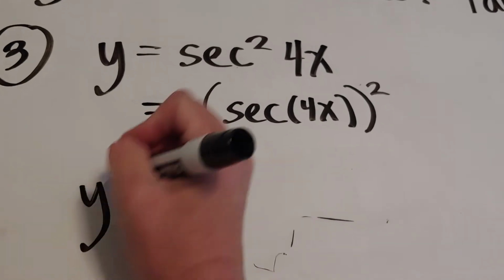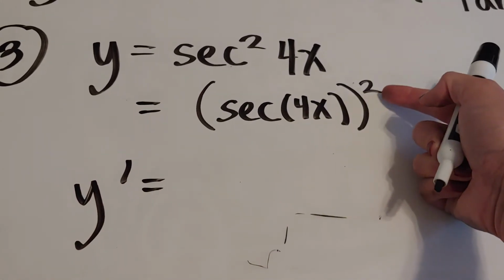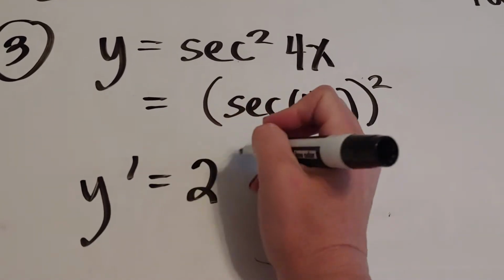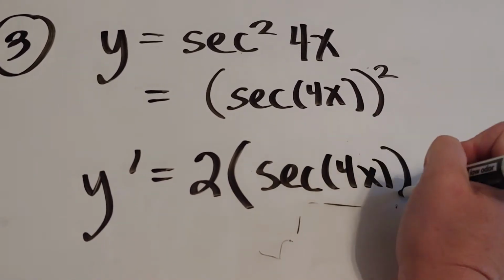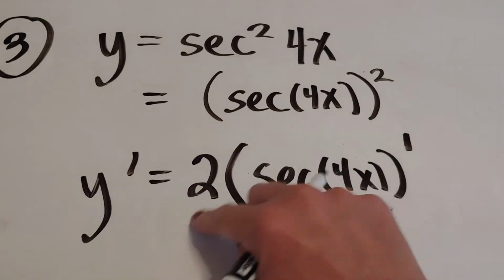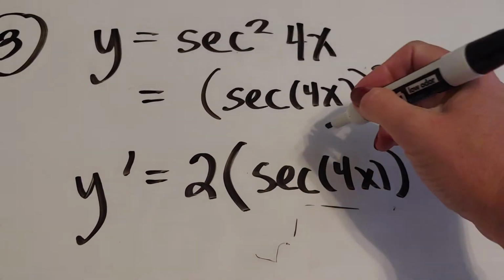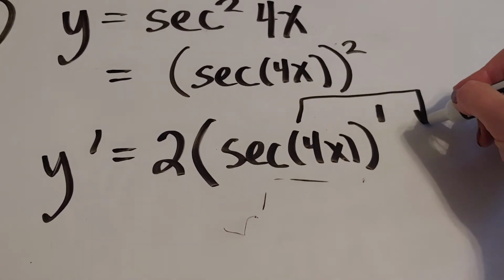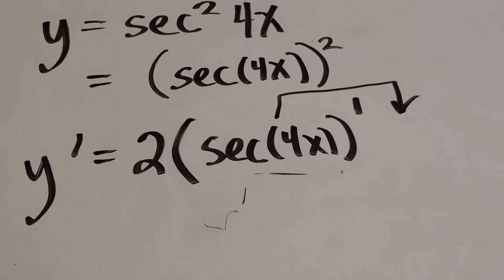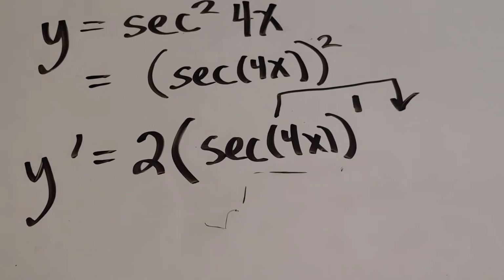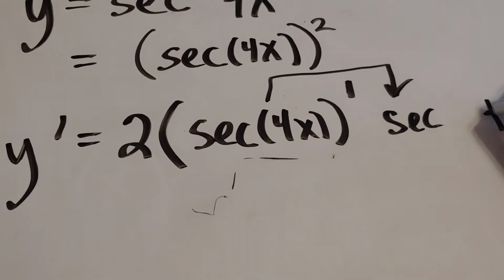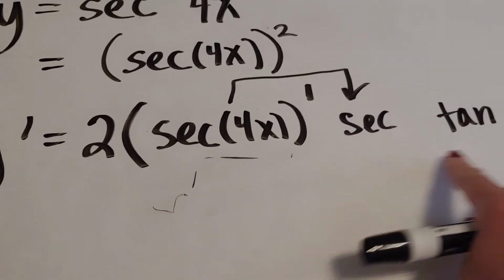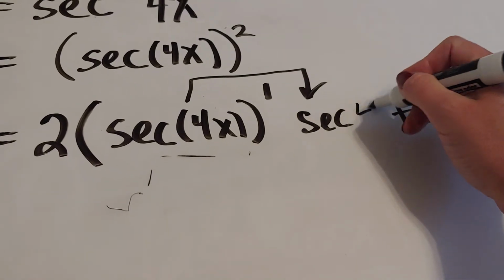So let's try it. Okay, so taking the derivative of the power of 2, I'm going to get 2 secant 4x all to the first. So I take the derivative of the outside, leave the inside alone. And now I want to take the derivative of secant 4x. All right, well, the derivative of secant is secant x tan x, but my inside is 4x, so that's what goes here.